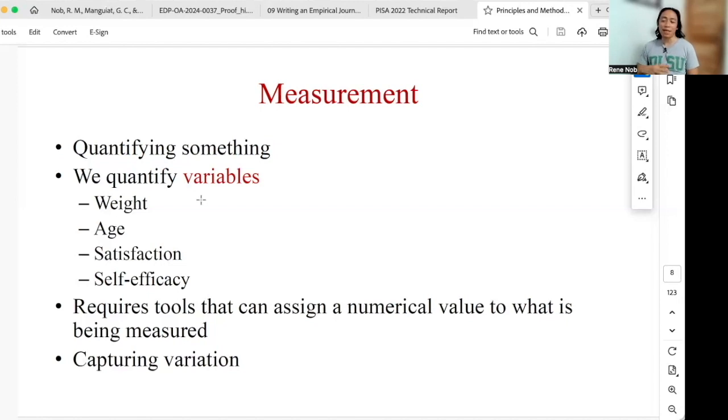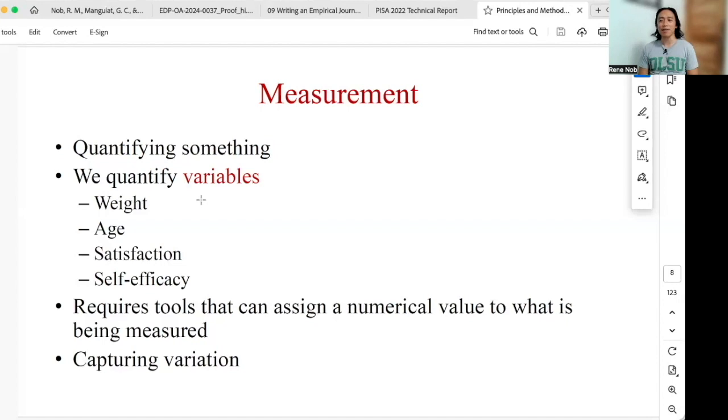So these things differ or vary from one person to another, making them variables. And while for some, we have standard ways of quantifying them or representing their quantity, like for example, weight, we have a weighing scale. Age, we have a calendar.